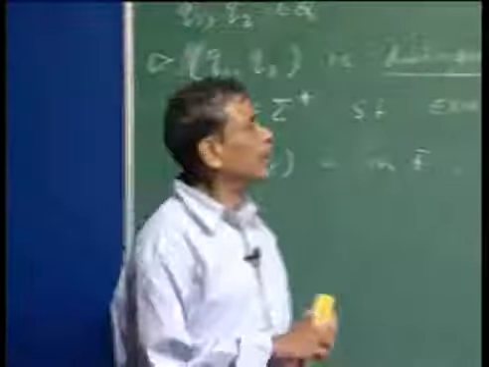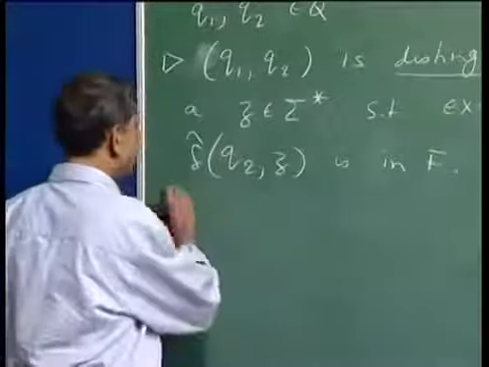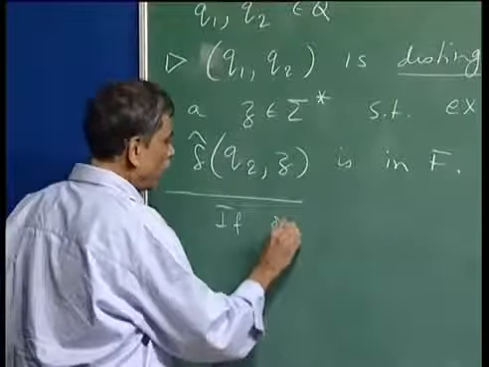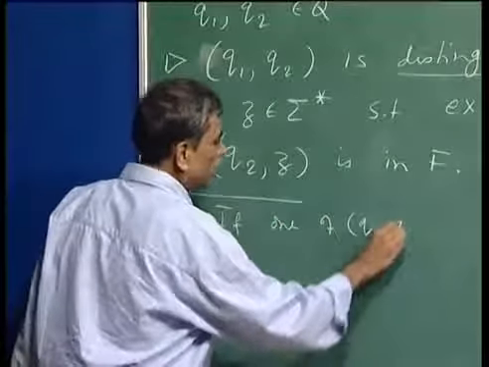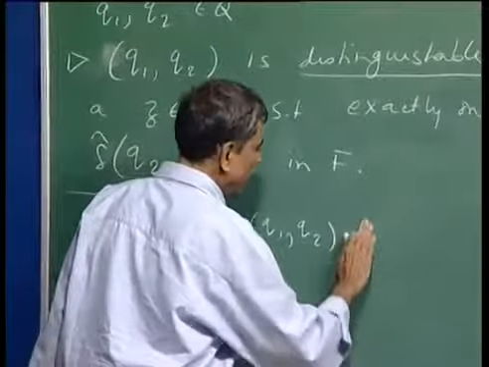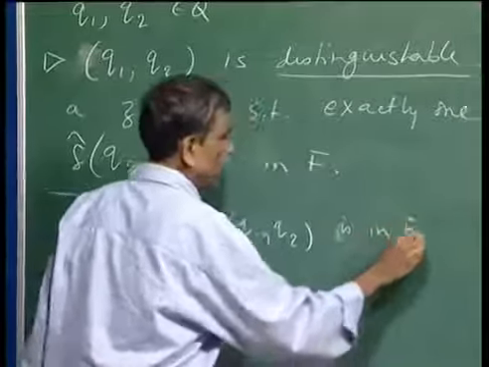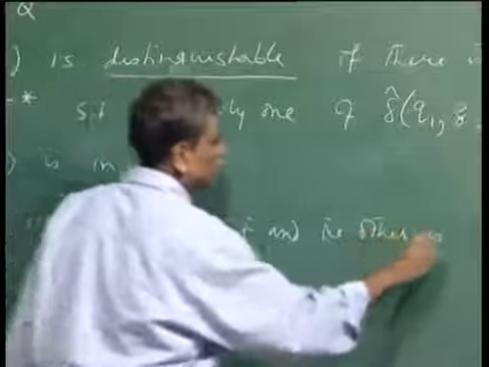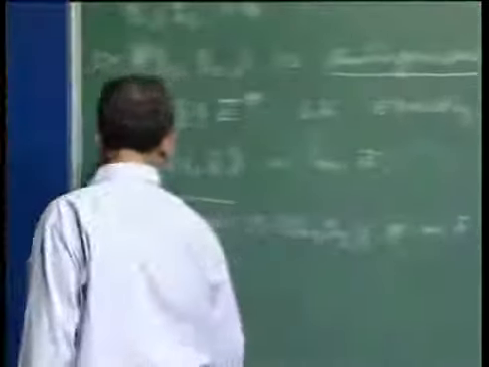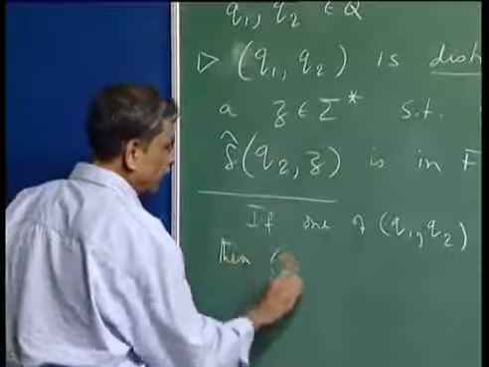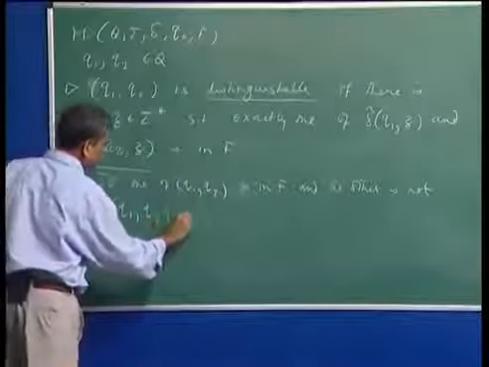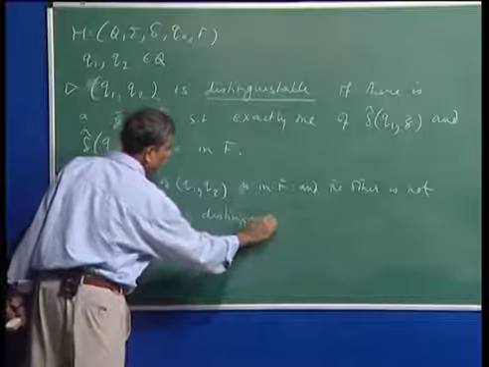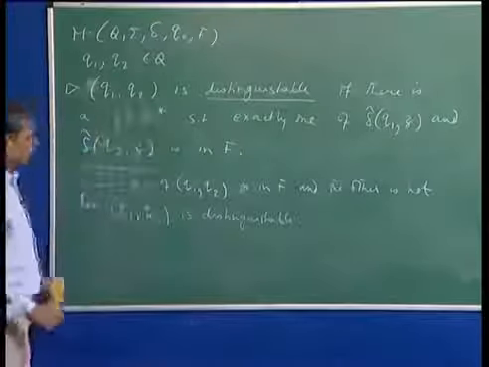First of all, one thing is very clear, that if one of Q1, Q2 is in F and the other is not, then Q1, Q2 is distinguishable. Why so?